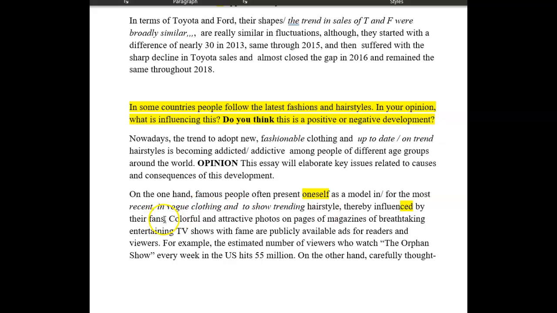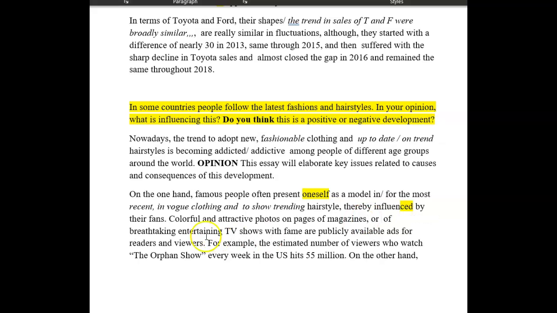Yeah, influencing their fans. Colourful and attractive photos on pages of magazines of breathtaking entertainment TV shows with fame are publicly available ads for readers and viewers. Okay, so photos on pages of magazines or of breathtakingly entertaining TV shows with celebrities.